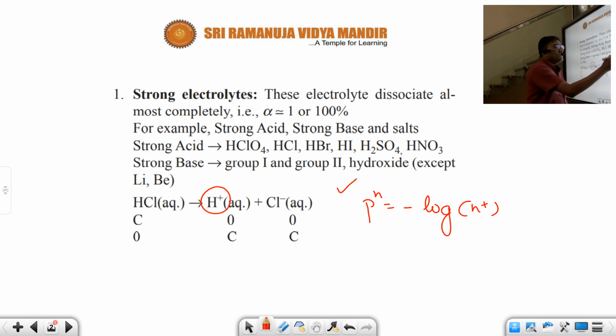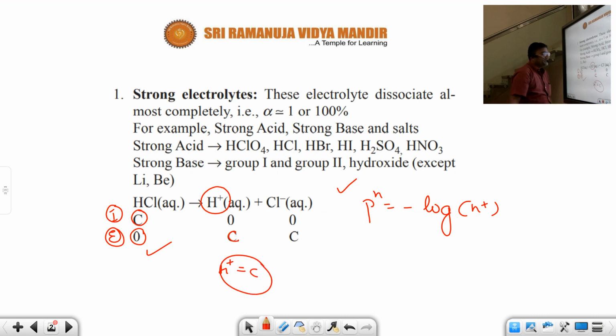Ultimately, in acid base equilibria, you are going to calculate the pH values. Since it is completely dissociated, at equilibrium the initial species is 0, so it is no more present, and naturally C is formed, so H plus is equal to C in this case.